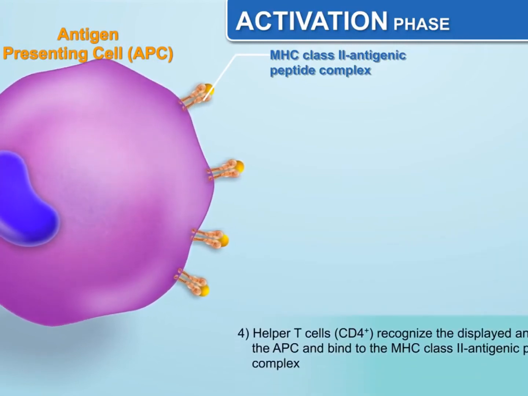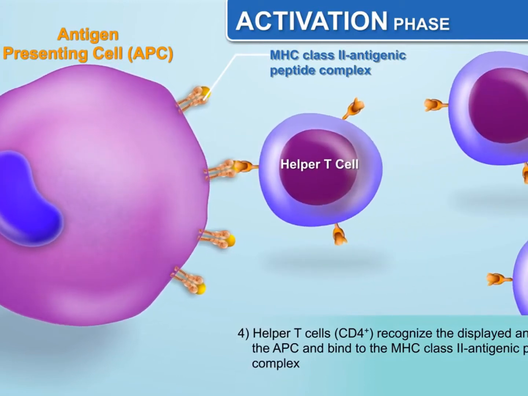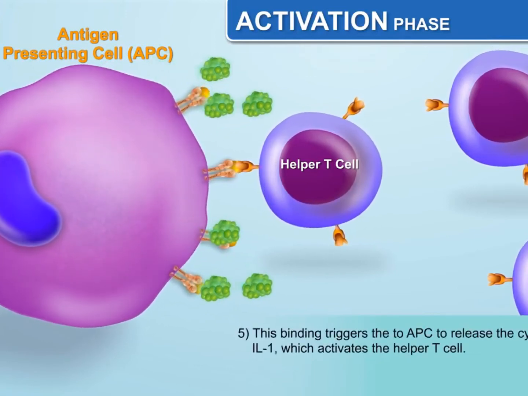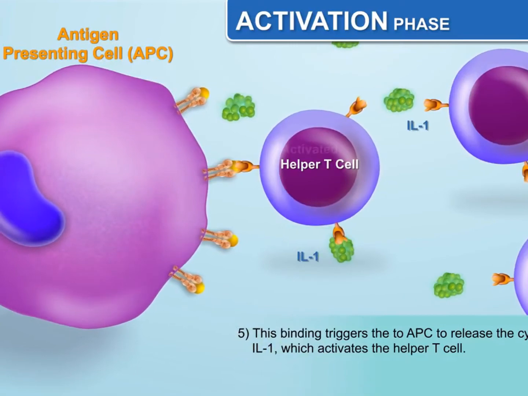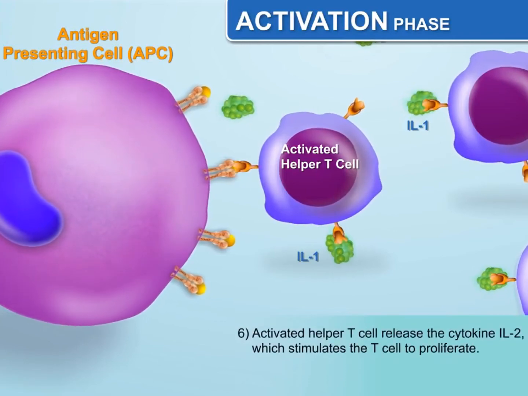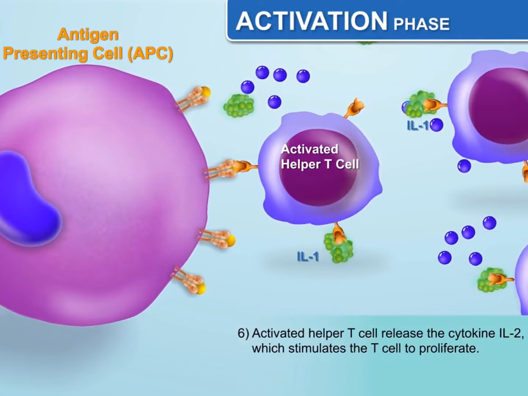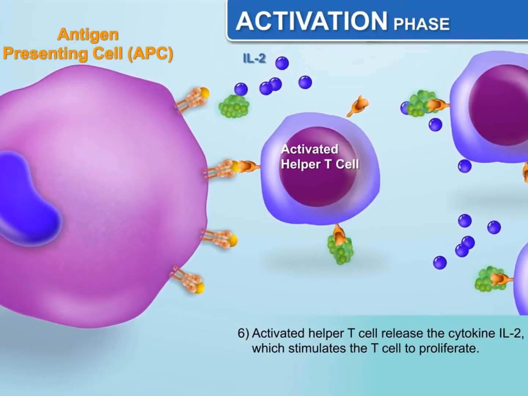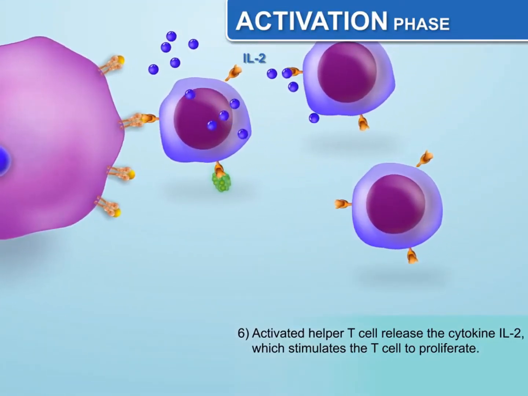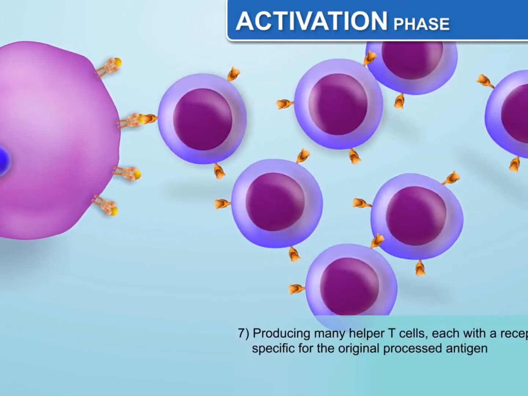Helper T cells, CD4+, recognize the displayed antigen on the APC and bind to the MHC class II antigenic peptide complex. This binding triggers the APC to release the cytokine IL-1, which activates the helper T cell. The activated helper T cell releases the cytokine IL-2, which stimulates the T cell to proliferate, thus producing many helper T cells, each with a receptor specific for the original processed antigen.